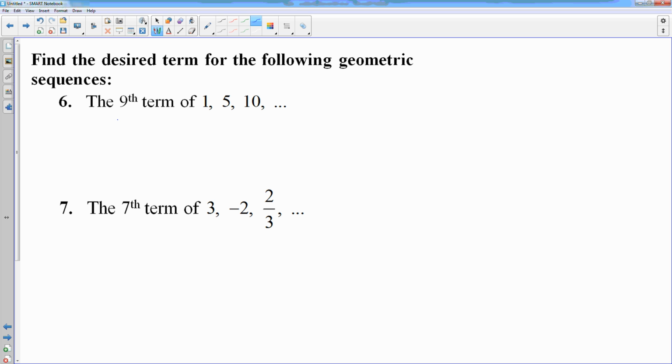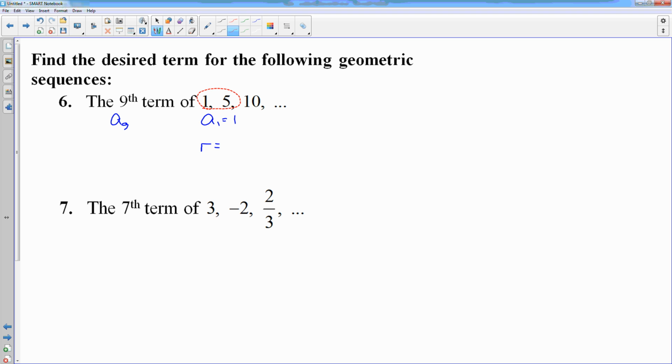I want the ninth term, so I want you to find a sub 9 of this sequence, and so I need to first find the formula. I know my first term is 1, and my ratio, take any two consecutive terms and divide them. Oh, interesting, I have a problem here.